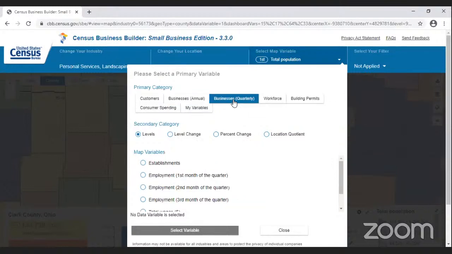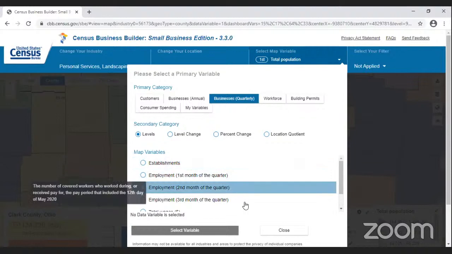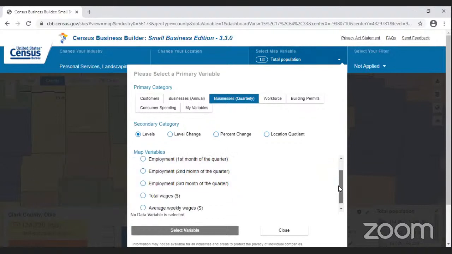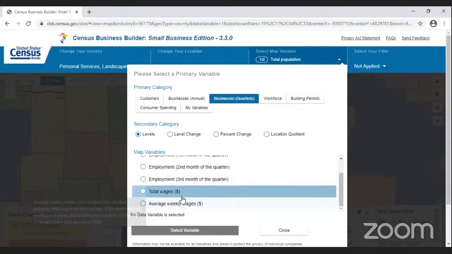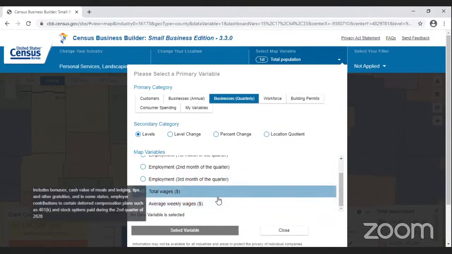Businesses quarterly, you can also look at that. That's coming from BLS. It comes from the Quarterly Census of Employment and Wages. And that gives you the number of establishments, employment per quarter, and wages. So maybe you'd want to know what kind of wages these landscaping businesses are providing.